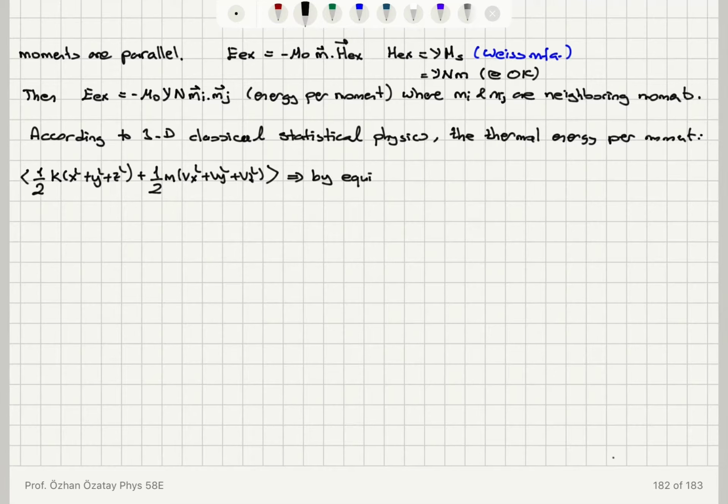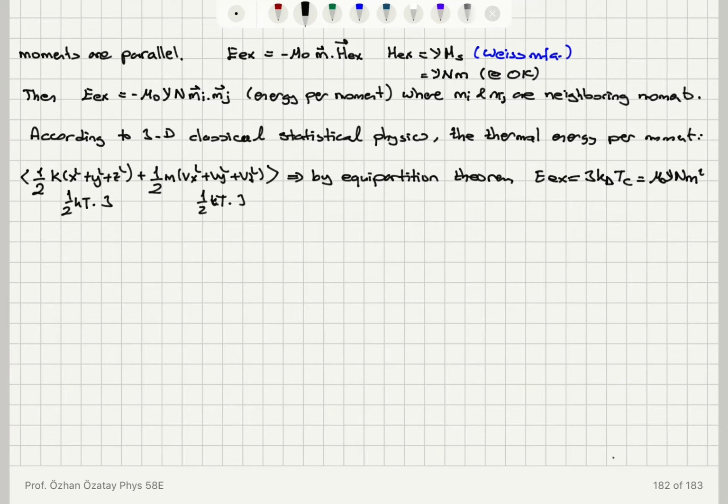So by the equipartition theorem, I find that the exchange energy is 3 Boltzmann constant times temperature. So there's a contribution of half kT times 3 and half kT times 3 here from each quadratic term. That is at the Curie temperature. So this is going to be equal to mu 0 gamma n m squared.